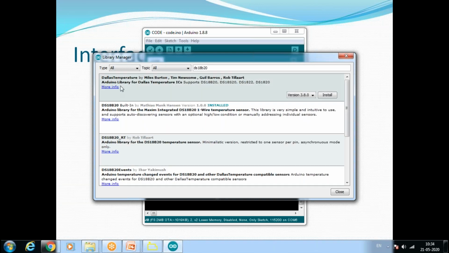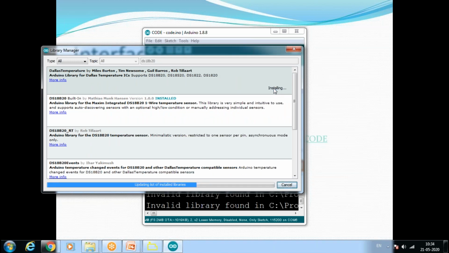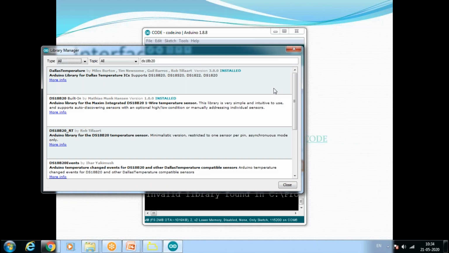Here we have Dallas Temperature, version 3, then install. Okay.